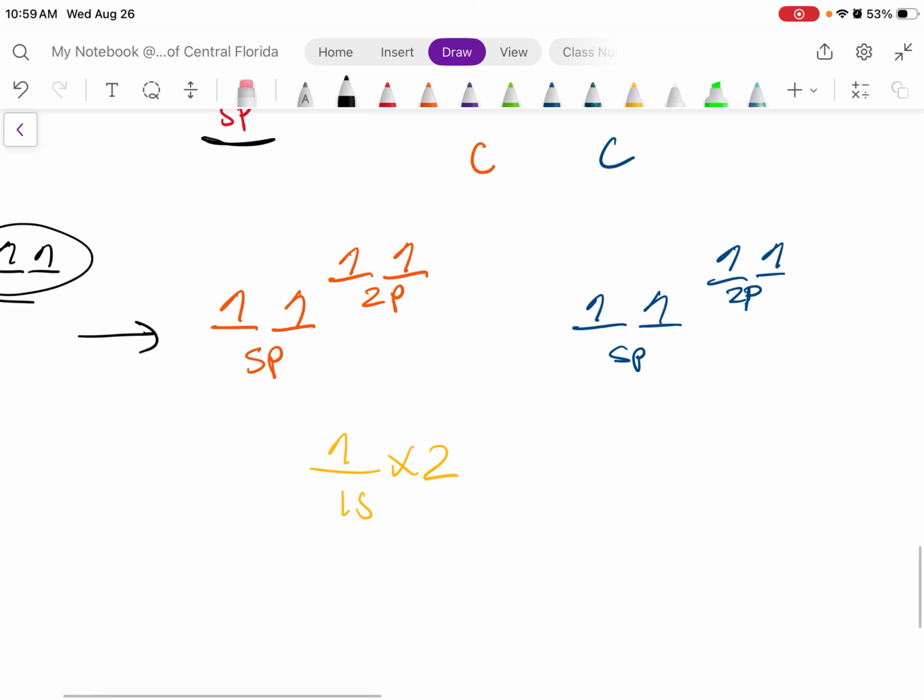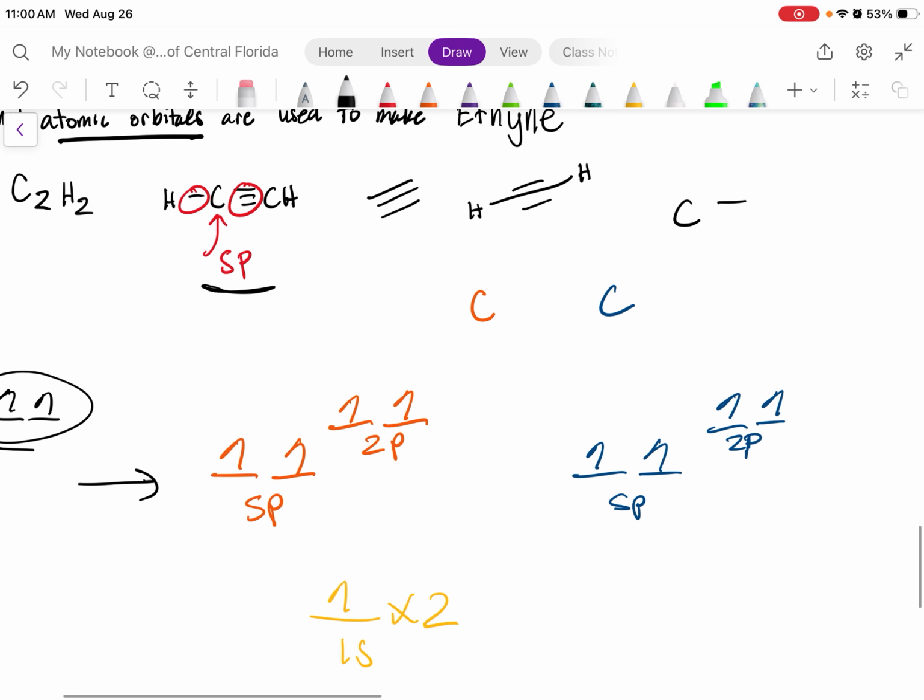So let's draw our molecule here again. Here's our orange carbon. And when we looked at the structure here, you remember how it was completely flat and linear? So what are the bond angles here? From there to there, 180 degrees.